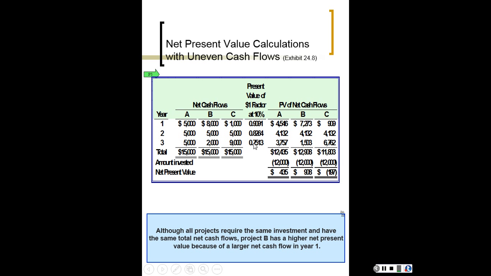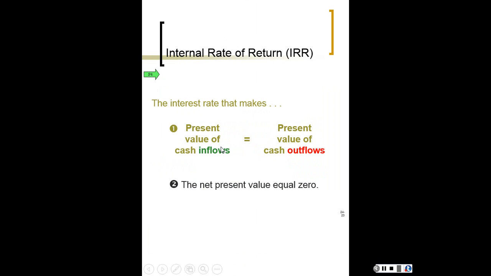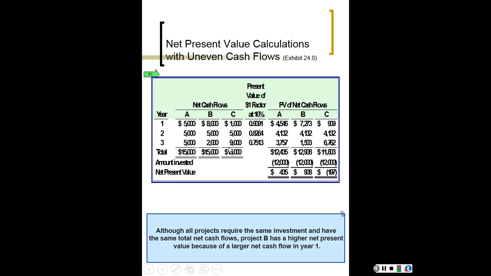And then if you look at Project C, that really has the lowest present value of net cash flows. And why is that? The reason it has the lowest amount is simply because you're receiving 1,000 in year one, 5,000, a little bit more in year two, and then a lot more in year three. But because you've received such a small amount the first year, that really contributes to what your present value of cash flow is.